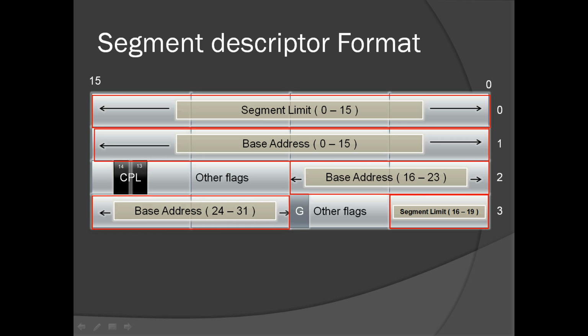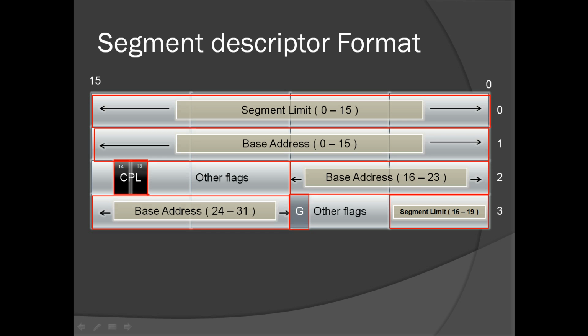So the base address is a 32-bit value. The limit, on the other hand, is not a 32-bit value, it's a little less than that. There is a multiplication factor in the descriptor, a bit which multiplies and makes the segment limit into 4 GB.